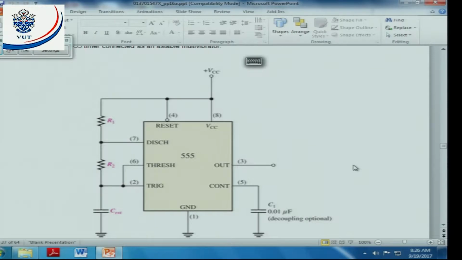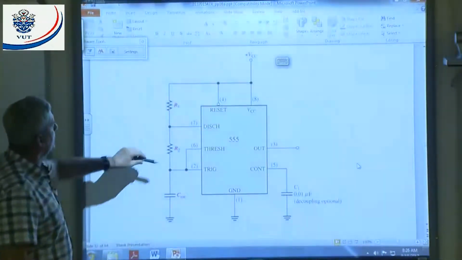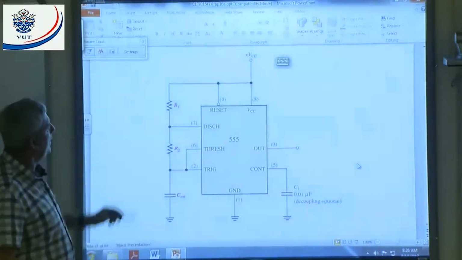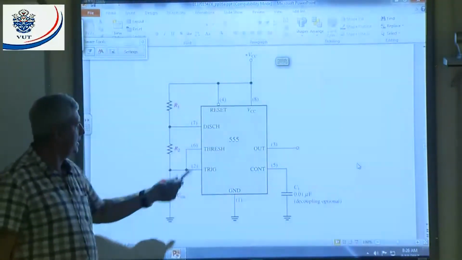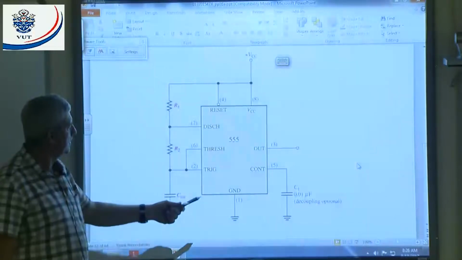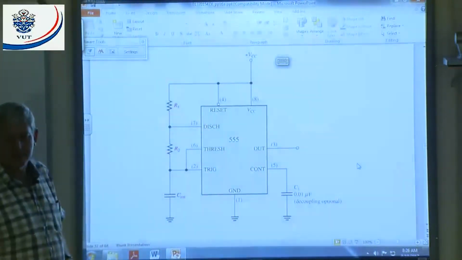All right. There they show us something. They say a 555 timer connected is an astable multivibrator. See, we put a capacitor there, we put two external resistors there, and we put a supply voltage there. All right, there's the IC, and there's the pin connections from pin 1 to pin 8. It's an 8-pin IC.